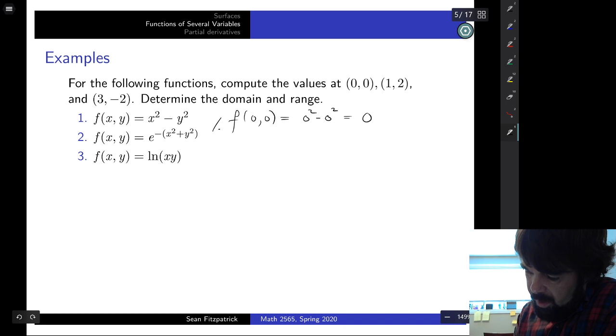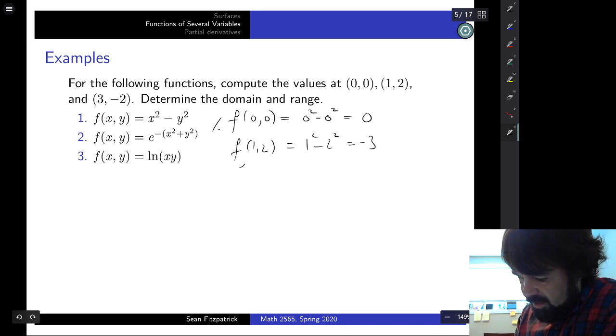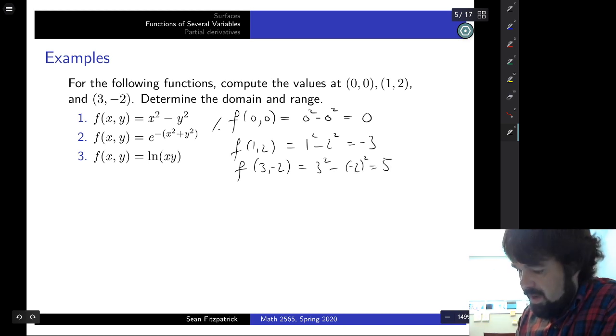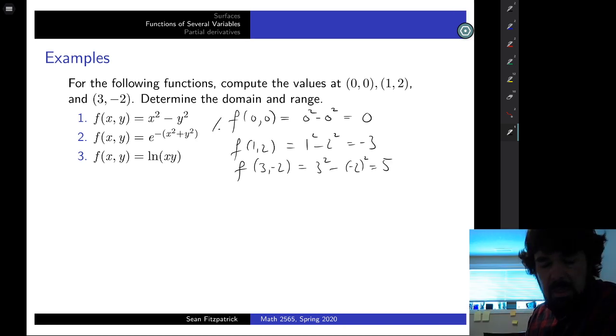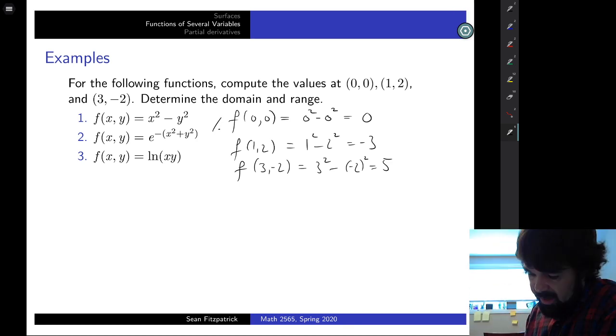And if I want to do f of 1, 2, well, that's 1 squared minus 2 squared, so 1 minus 4, I get minus 3. F of 3, minus 2: 3 squared, subtract minus 2 squared, so 9 minus 4, I get 5, right? So this is easy, relatively speaking.